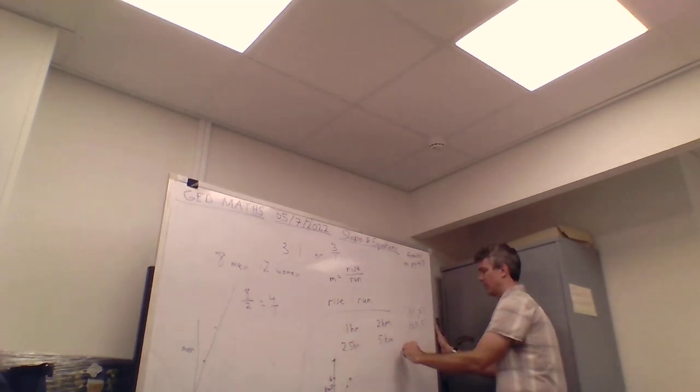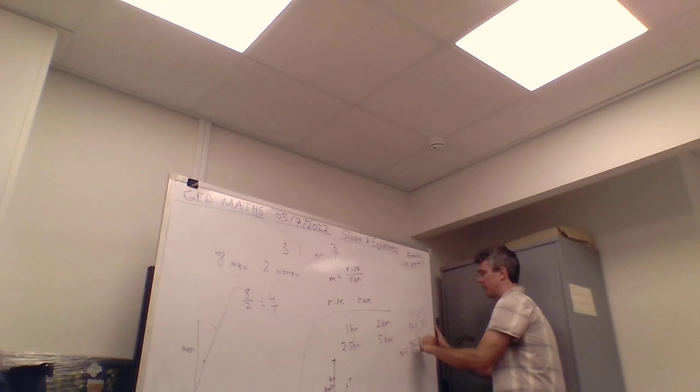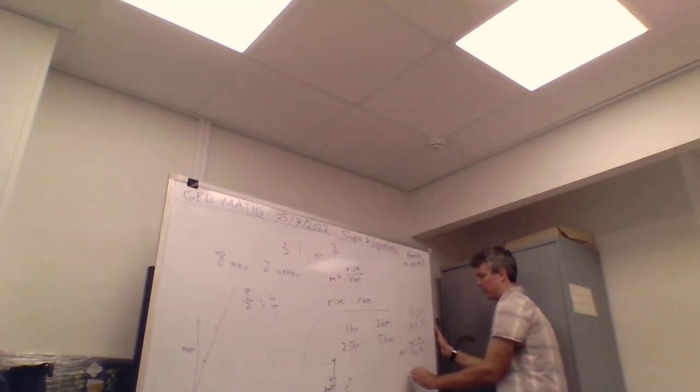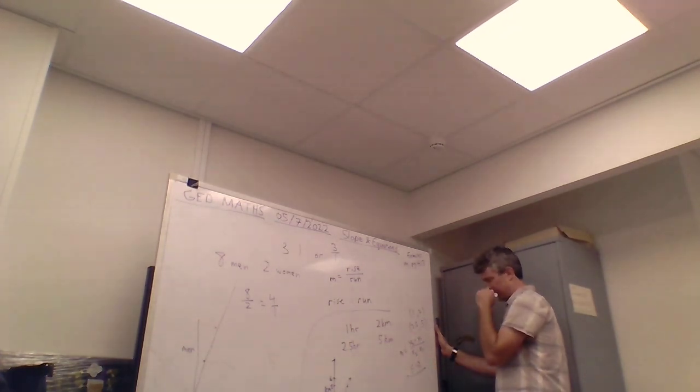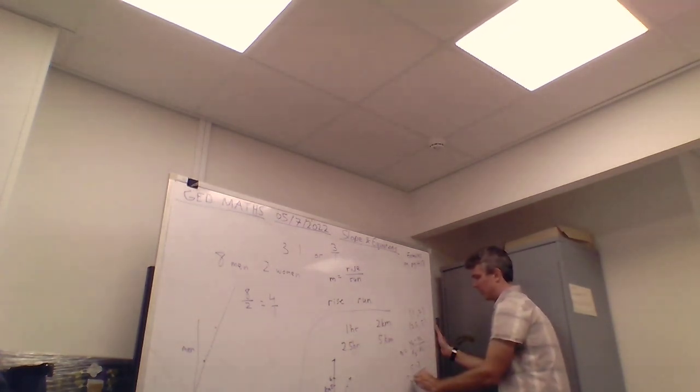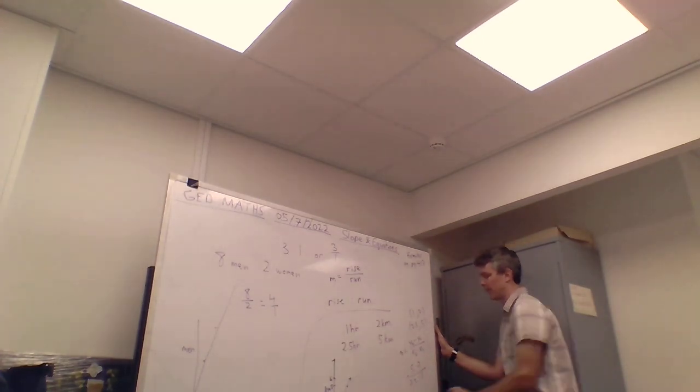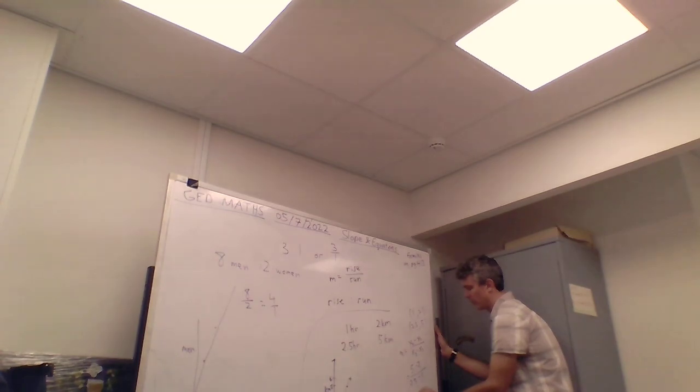Alright? So slope equals y2 minus y1 over x2 minus x1. That equals y2 is 5 minus 2 over 2.5 minus 1, right? That equals 3 over 1.5.